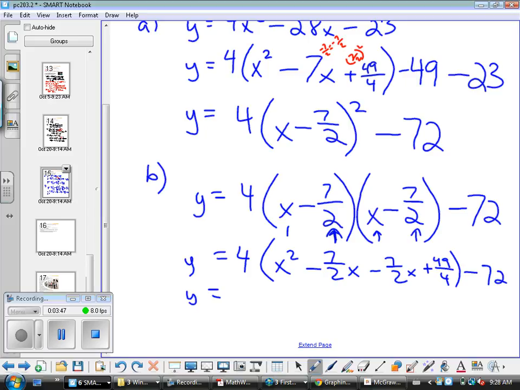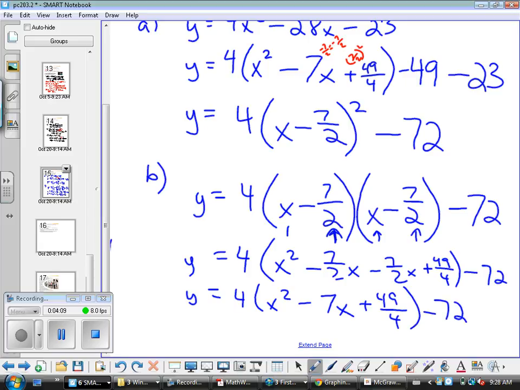Maybe before I distribute the 4, you might skip this step or do it in your head. Negative 7 over 2 plus negative 7 over 2 is 14 over 2, or 7, plus 49 over 4 minus 72.